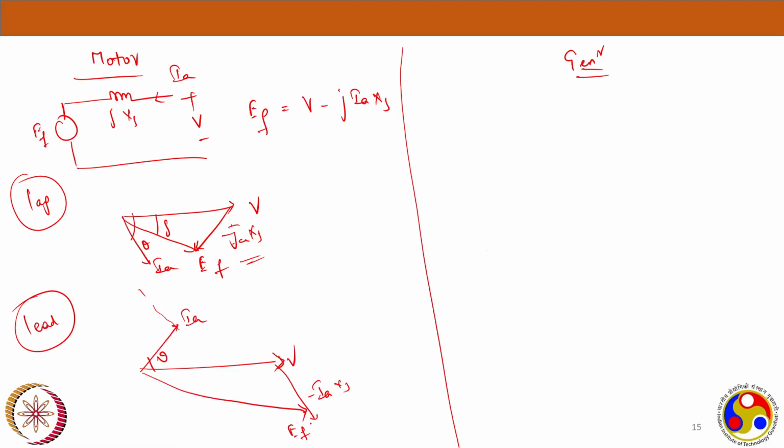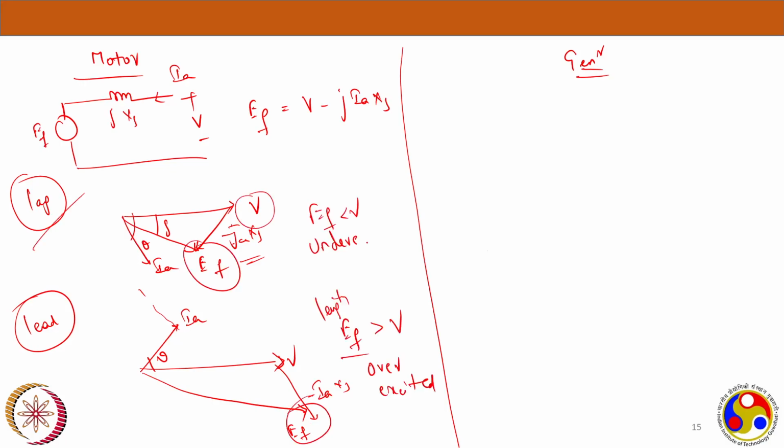In the lagging condition, what we have found out is the length of EF, that is the excitation voltage, is less than the resultant V. Now here the excitation voltage is more. So the length EF is greater than V, so it is over excited. Here EF is less than V, under excited condition.